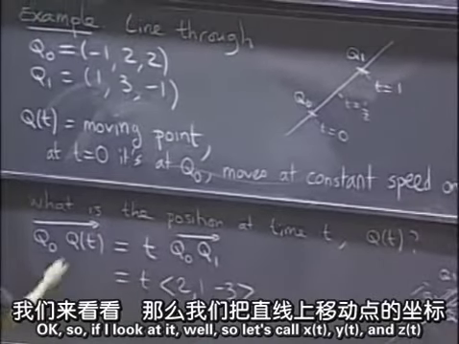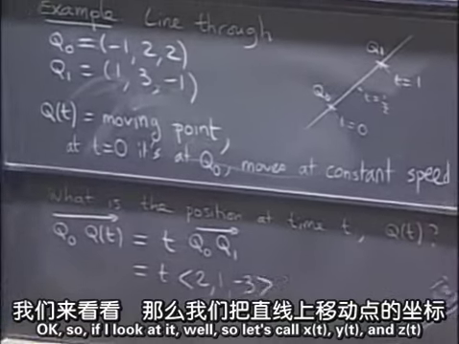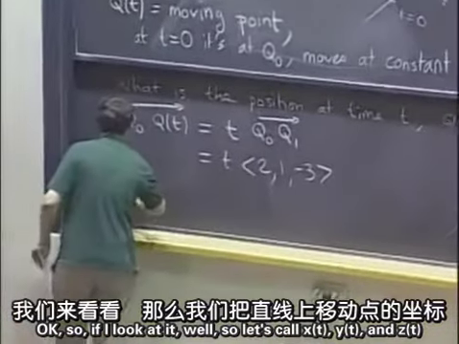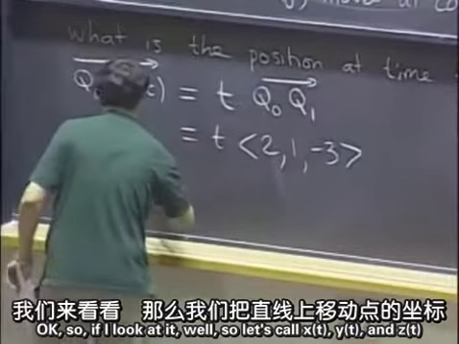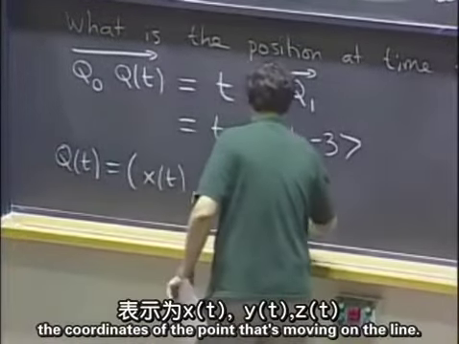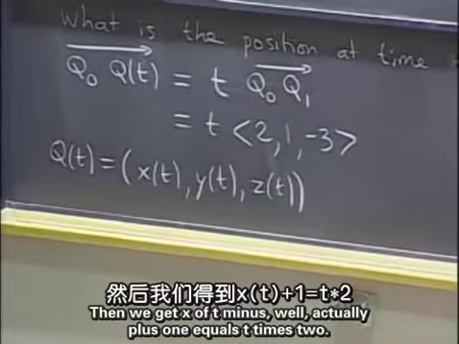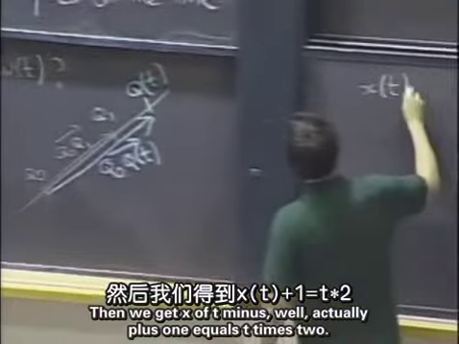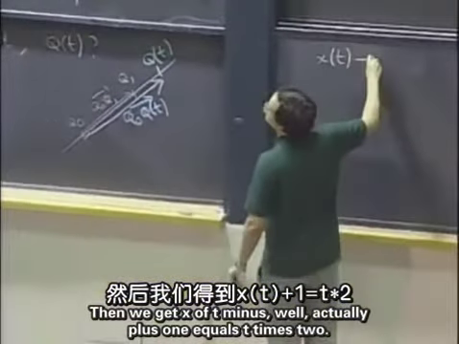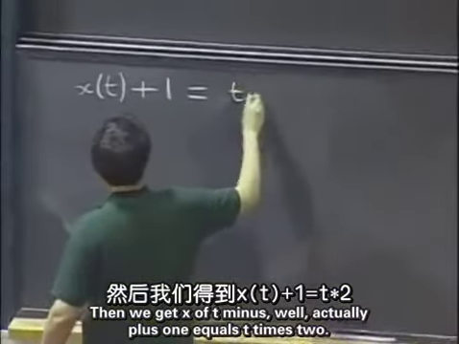So let's call x of t, y of t, and z of t the coordinates of the point that's moving on the line. Then we get x of t minus, actually plus 1 equals t times 2.